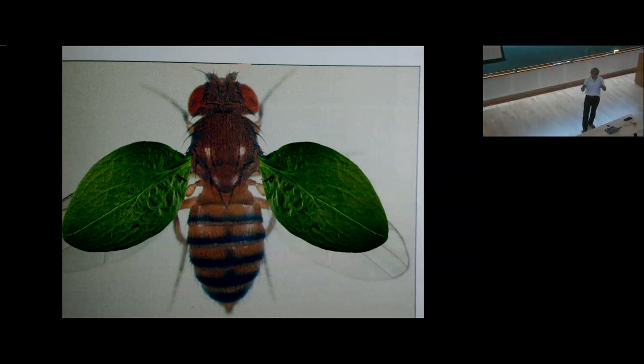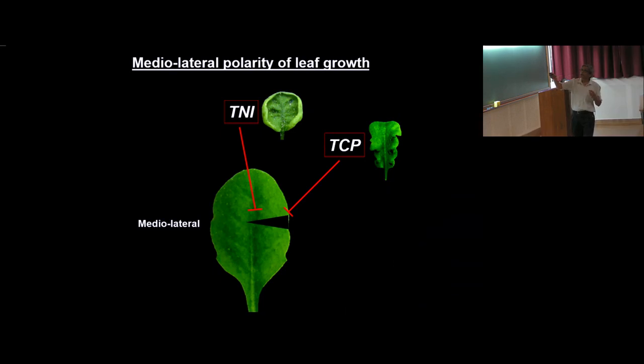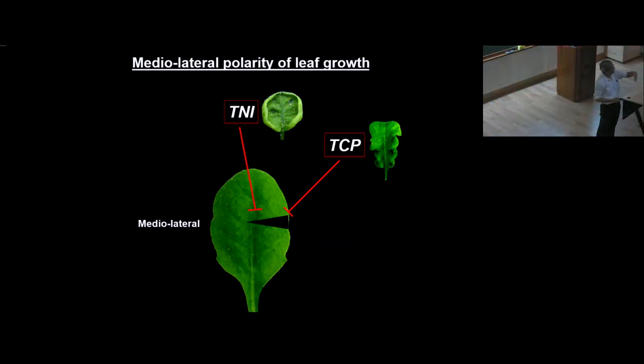But of course, the mechanism probably will be very different. So for example, in this one, it's initiated pretty early on in the leaf. So what you can imagine is there is some sort of medio-lateral gradient of something, and TNI responds to that.